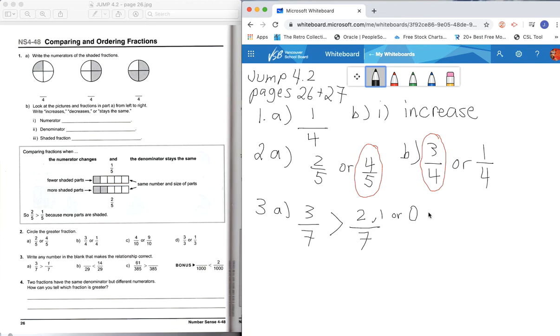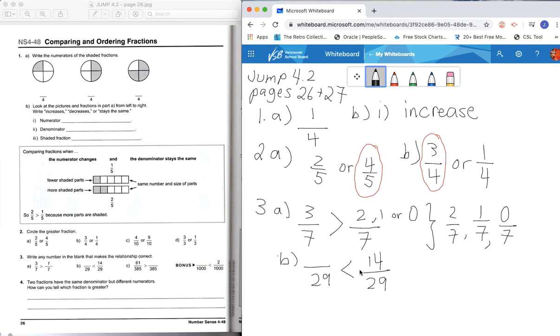Okay, so you can write 2/7, 1/7, or 0/7. And Jump Math, they chose 1/7, so that's why the example there is 1/7. All right, B. Something over 29 is less than 14 over 29.